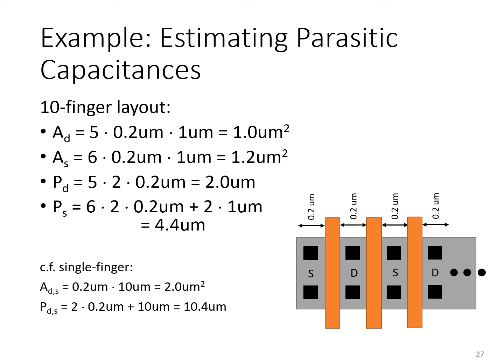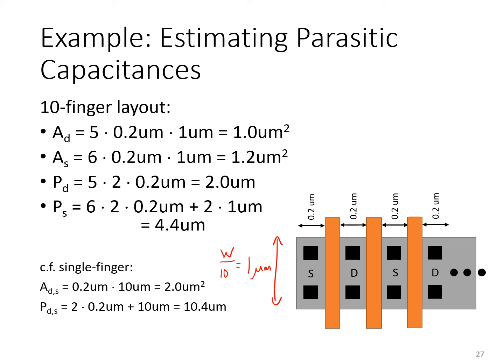But we may then wish to consider a totally different realization of that same transistor. So here we've chopped up that transistor into 10 segments. Instead of one very wide transistor with a width of 10 micrometers, we can have 10 transistors, each with a width of 1 micrometer, that is 1/10 of the overall transistor width.